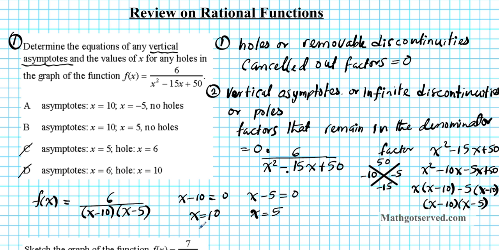So this tells us that our vertical asymptotes are x equals 5 and 10. Those are your vertical asymptotes. So let's look at the options we have here. 10 and 5. Bam, that's the correct answer.